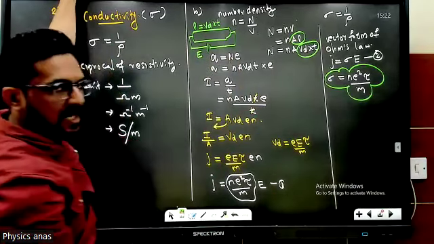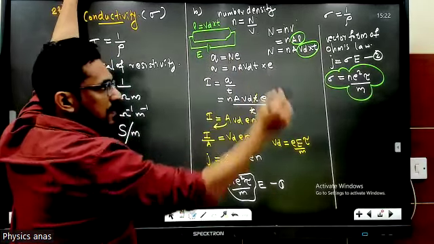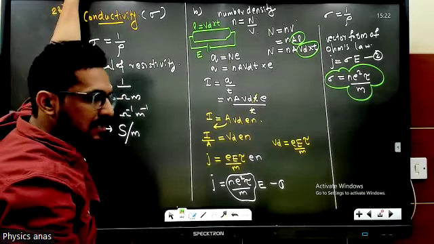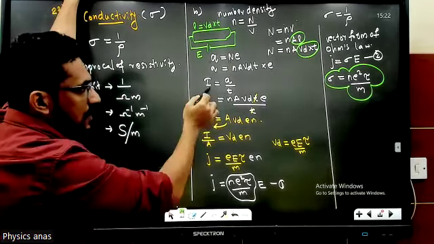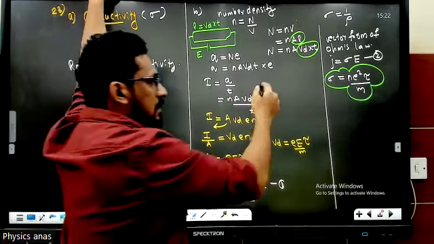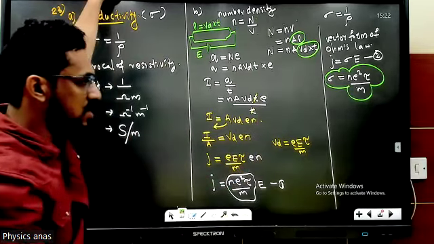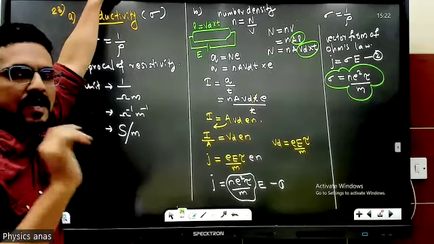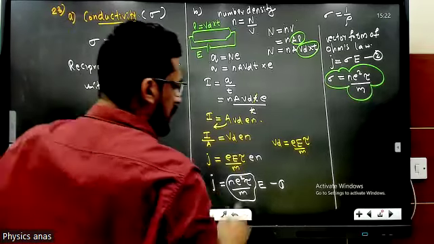Now we have the equation for N, so we multiply that with e. Then you will get the charge Q. If you have charge, you can find current. What is current? Charge by time. Now the time t will be gone from the equation. The current is n A vD e.